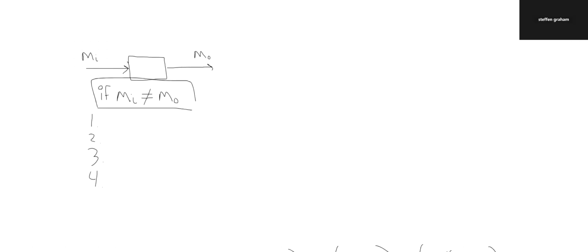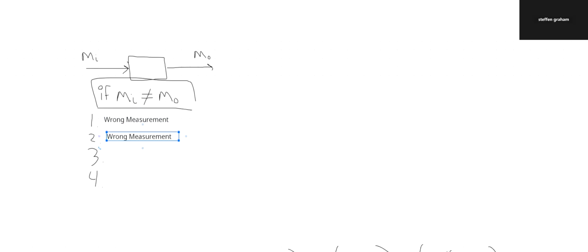So what if your sand in, your mass in, does not equal your mass out? Well, there are a few things that could be going on. First, you could have a bad measurement. Maybe you're weighing the sand and there's a user error with the scale, or there's an issue with the scale.